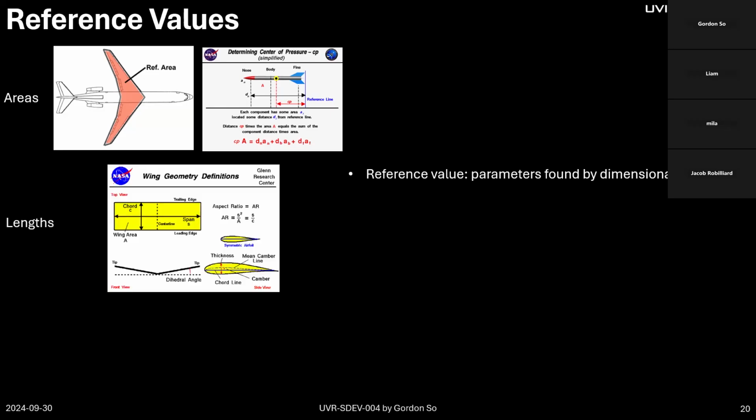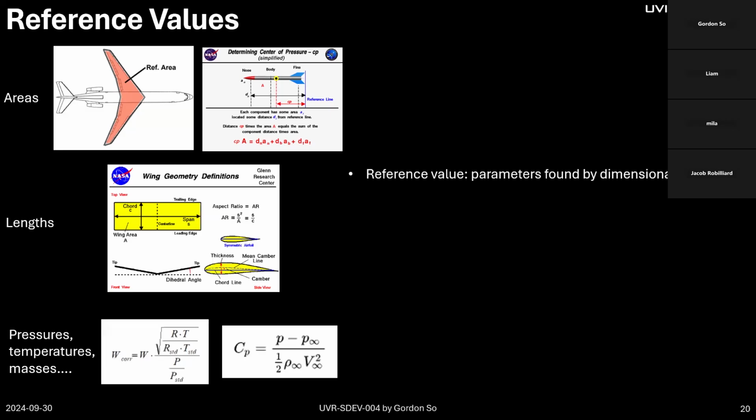Length, another thing. Length definition is very important because, for example, on an aerofoil, sometimes you may use different kinds of length to do your analysis, so make sure you use the right one. Pressures, temperatures. So these are two examples. One on the right is coefficient of pressure.